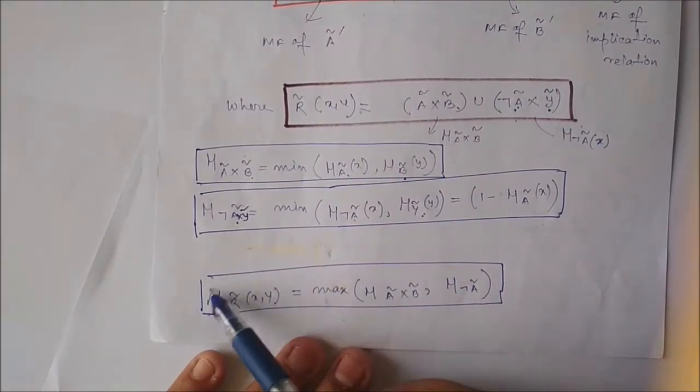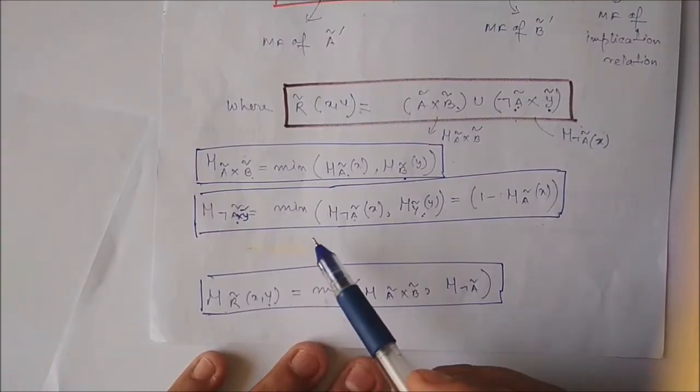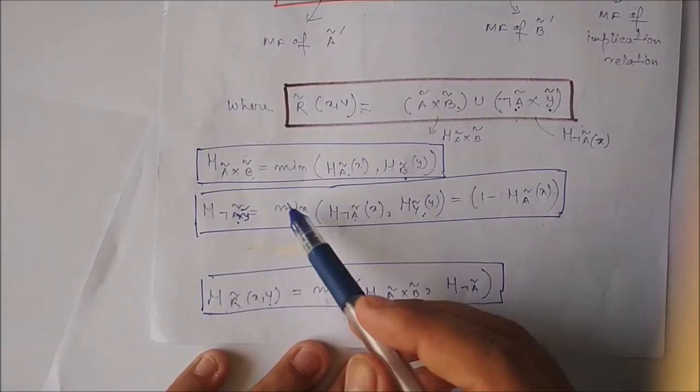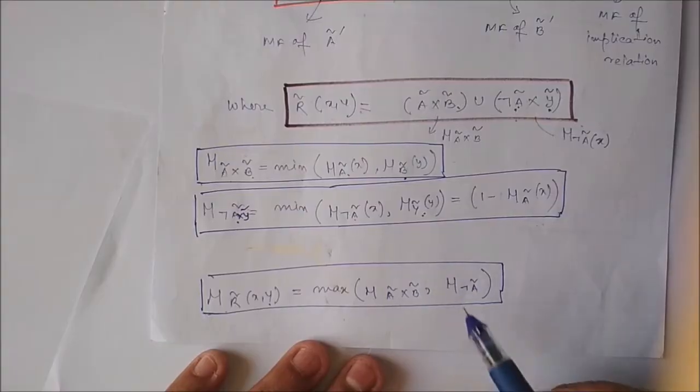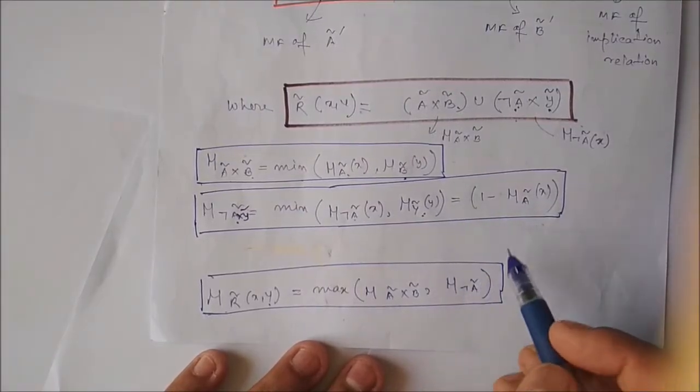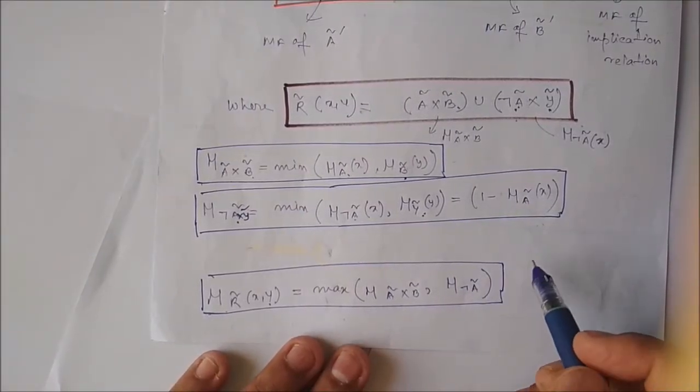And to get this mu R(x, y), we have to calculate the max value between these two. We have already seen this, and we will see it once again.